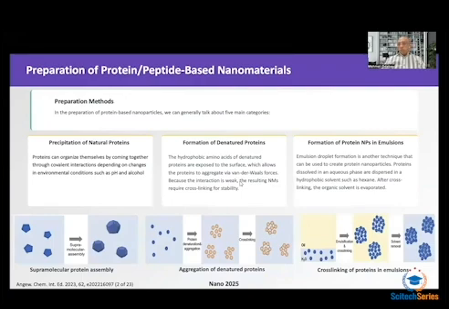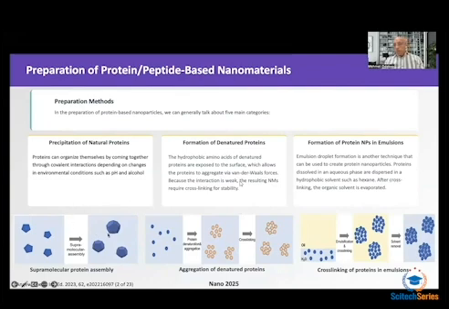As for preparation methods for protein and peptide-based nanomaterials, we can generally talk about 5 main categories. The first of these categories is precipitation of natural proteins.